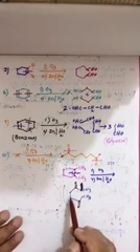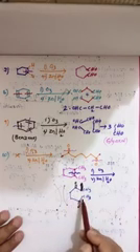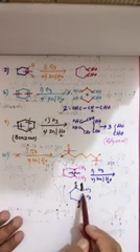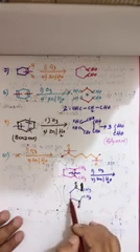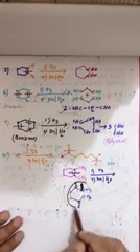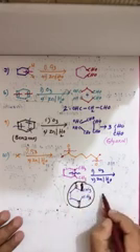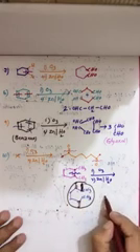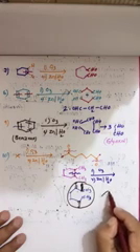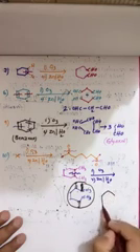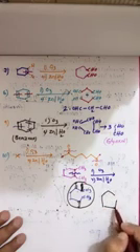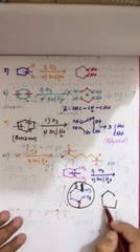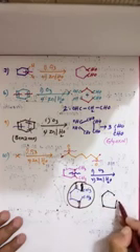1, 2, 3, 4, 5, 6. Sorry, this is not right. Total 8 we have to get. This is 1, 2, 3, 4, 5, 6.